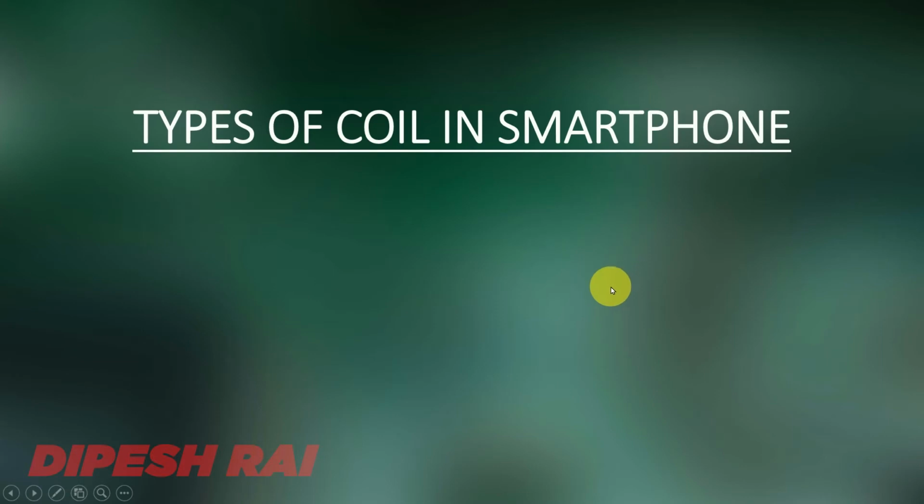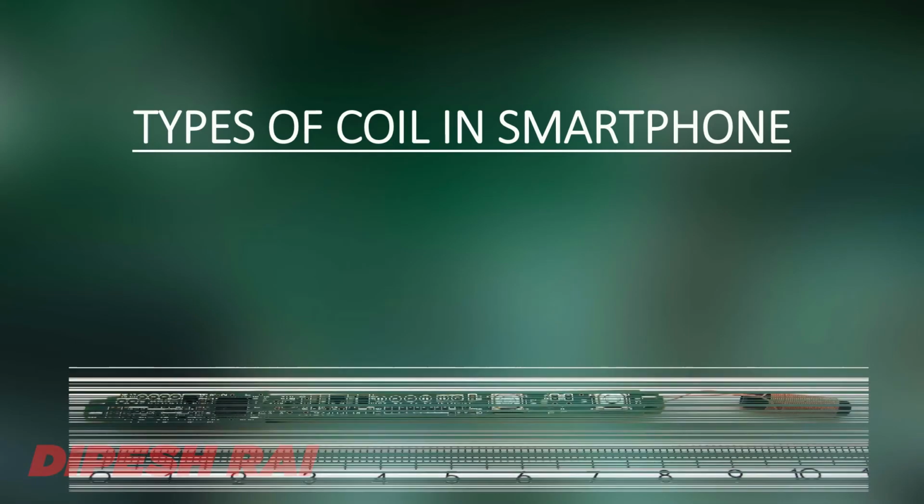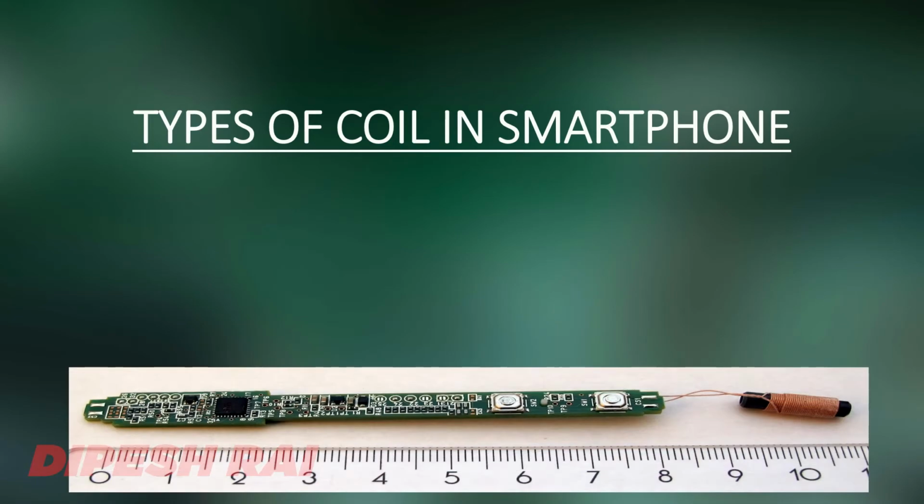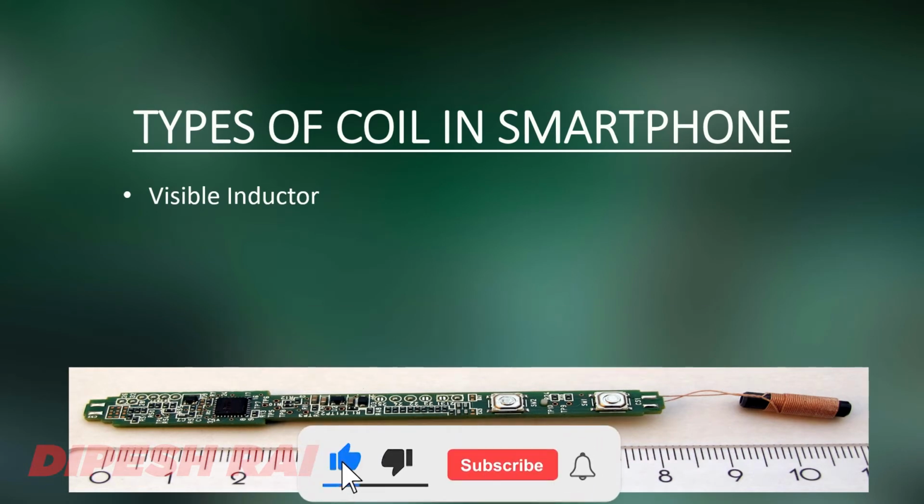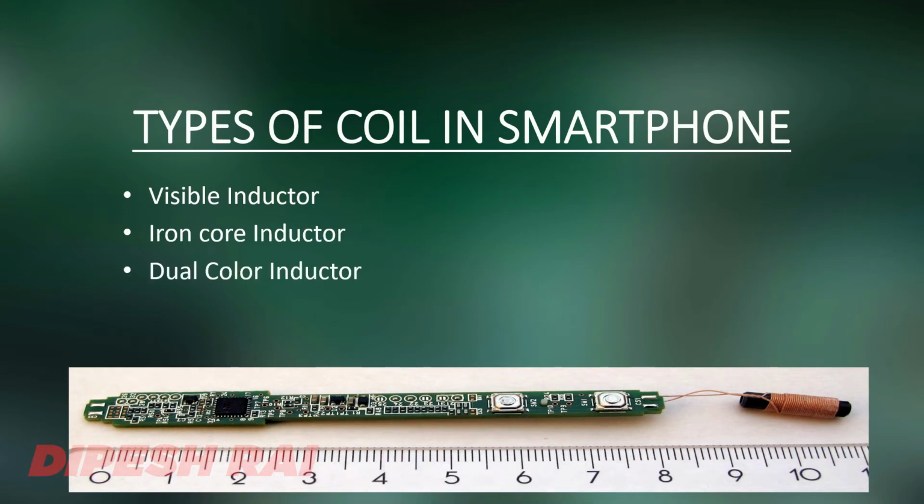The first type of coil is the visible inductor, the second one is the iron core inductor, the third one is the dual color inductor, the fourth one is the boost or power inductor, and the fifth one is the array inductor. But in modern phones the array inductor is not available, so today we will only discuss four types of inductor: the visible inductor, the iron core inductor, the dual color inductor, and the boost or power inductor.